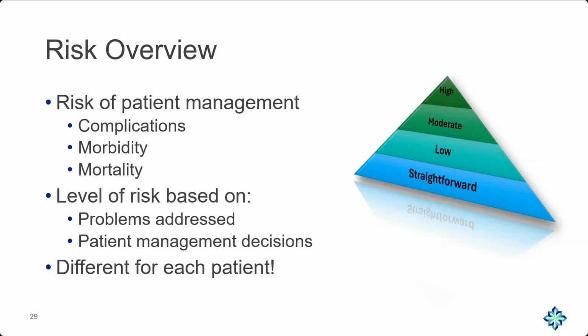This risk is going to be based on the problems that are being addressed and managed in that encounter. Again, I'm coming back to that thought process for the practitioner when they're determining what we need to do for the patient for the conditions that they are treating or the problems that they're addressing that day.